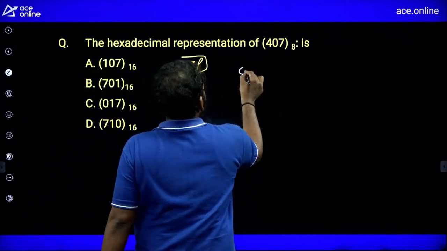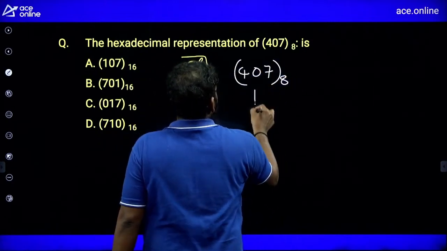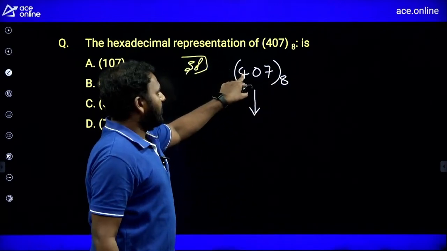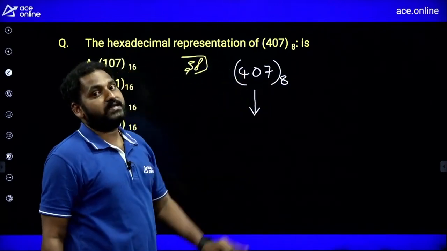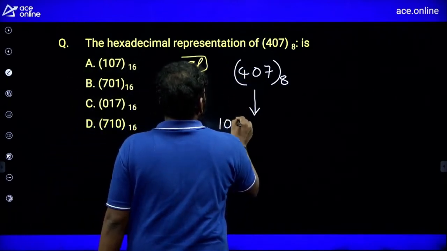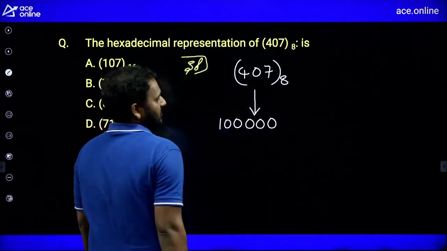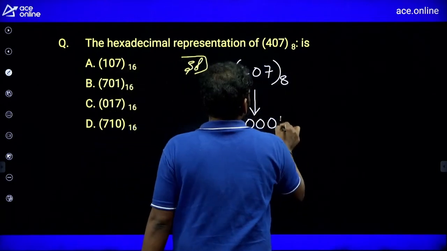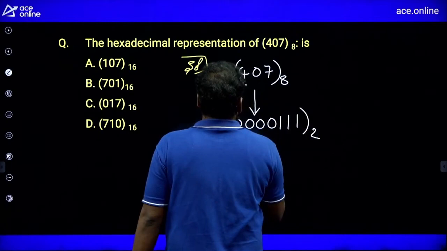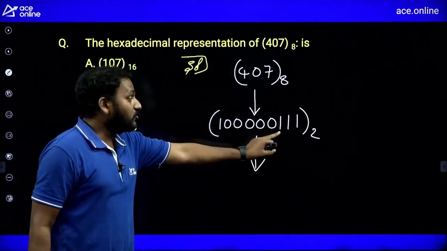First you take this octal number and convert it into binary. What I told you, 8 equals 2 power 3. So ungroup every digit into 3 bits in binary. 100, 4. 0 means 000. You should use 3 digits compulsory. 7, 111. What is this? Binary. What do you want? Hexa. Now convert it into hexa by grouping 4.